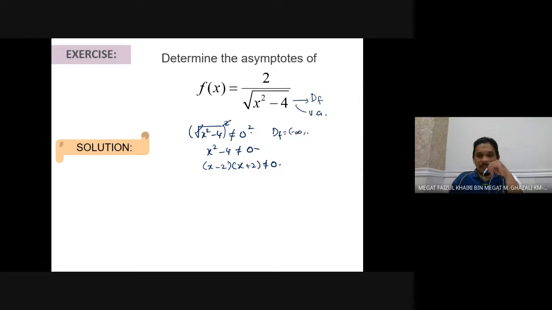Negative infinity until negative 2, union negative 2 until 2, union 2 to positive infinity. And what is the vertical asymptote of this graph? Vertical asymptote of this function?